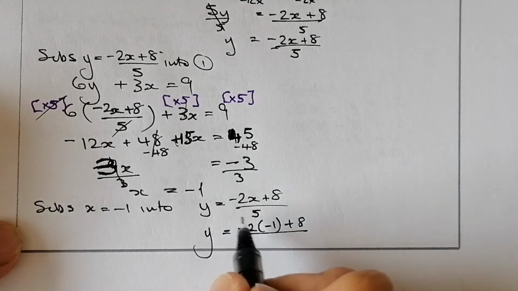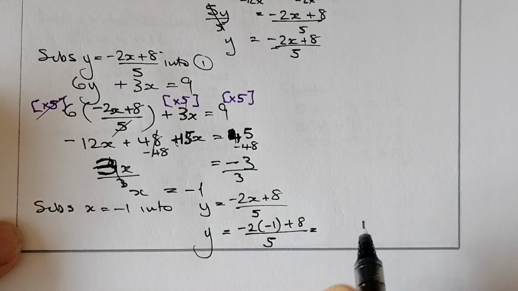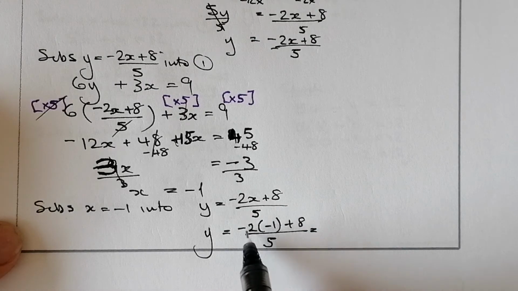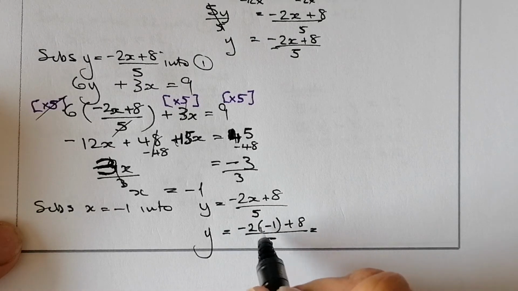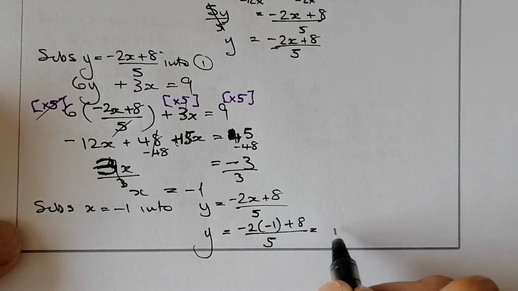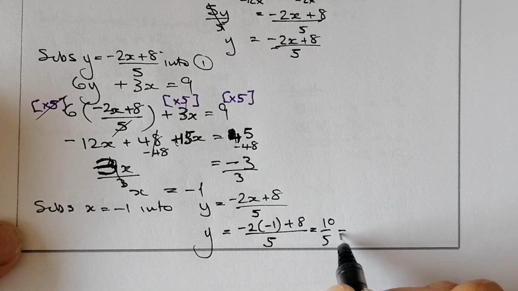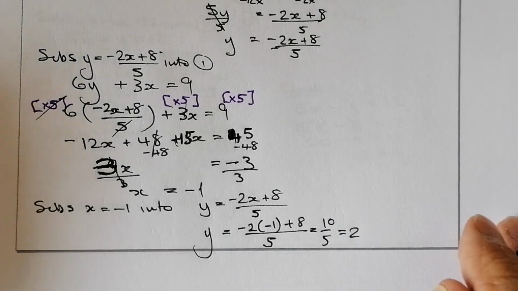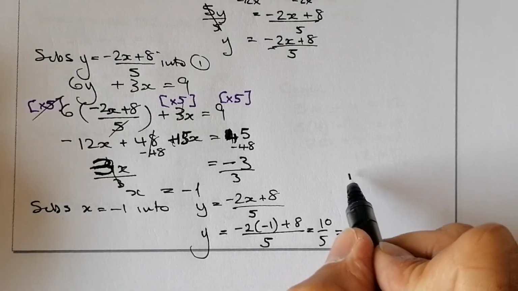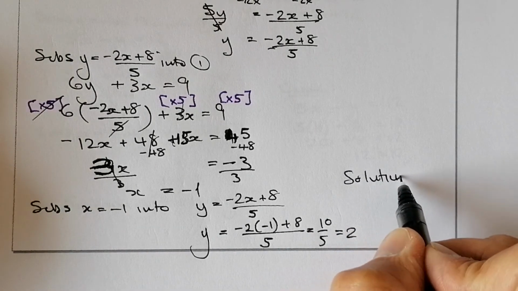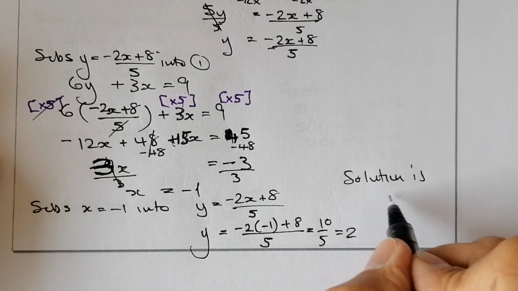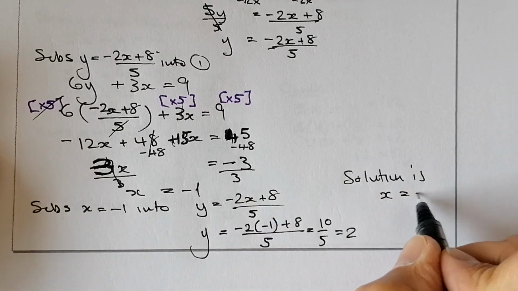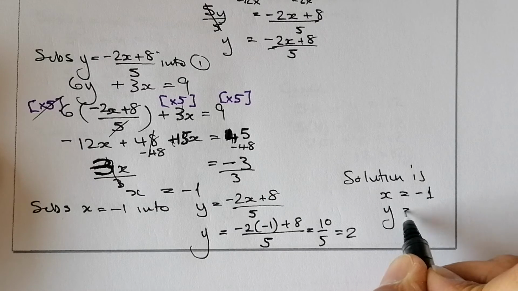And that's all over 5. When I work that through, that's going to be a positive value. 2 negatives multiplied will give me 2, and 2 plus 8 gives me 10. 10 over 5 will give me an answer of 2 for y. Okay, so my solution is x equals negative 1, and y equals 2.